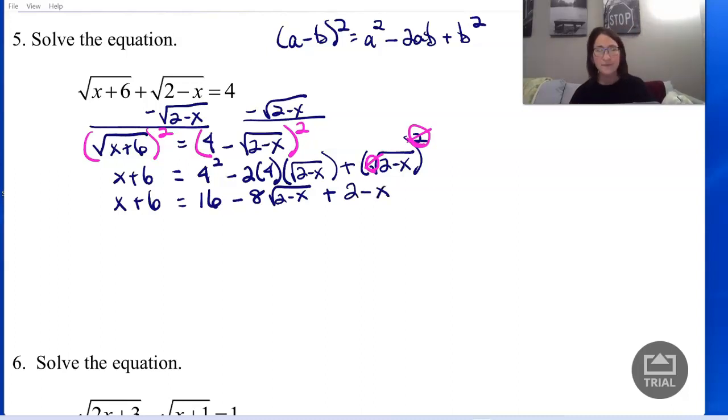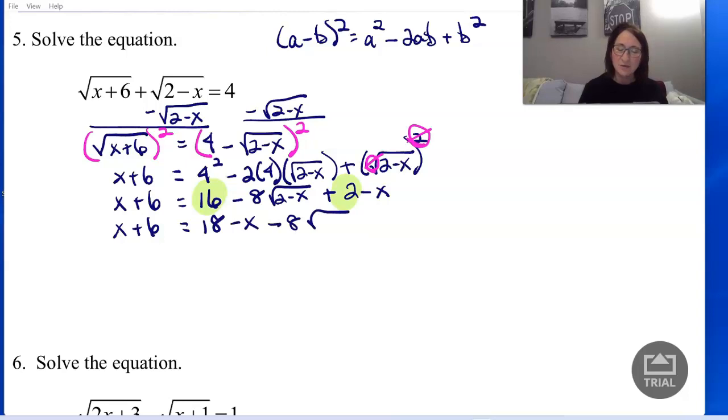All right, we're good. So before I start doing anything, I'm going to simplify on the left. I'm going to bring together like terms, and I'm also going to bring that minus x kind of towards the front. So I've got x plus 6 equals 16 plus 2 is 18. I'm going to bring that minus x here, and then minus 8 square root of 2 minus x.